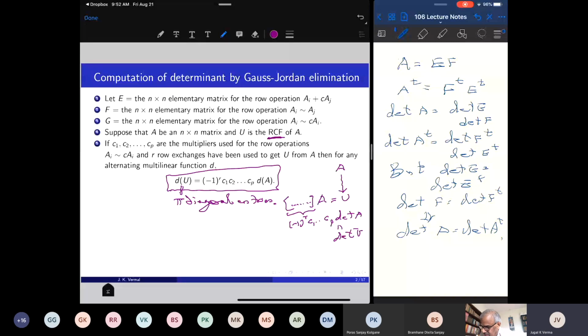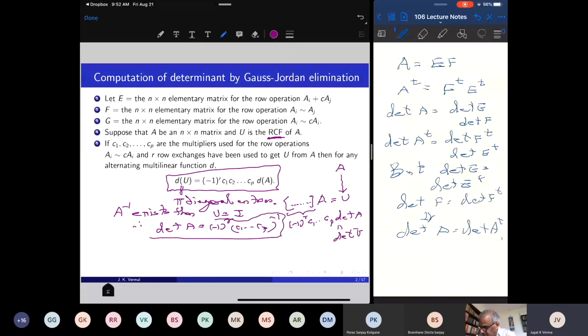So if A is invertible, if A inverse exists, then U is the identity matrix, and therefore determinant of A is simply (-1) to the power R times C1 up to Cp inverse.